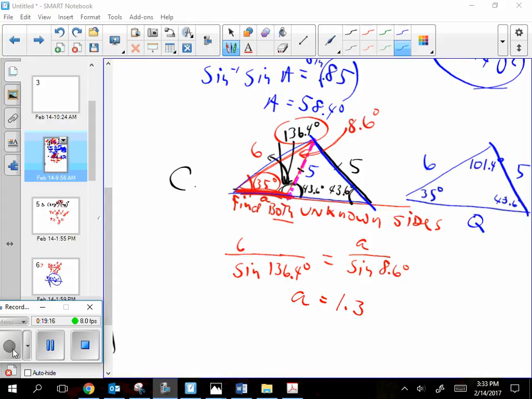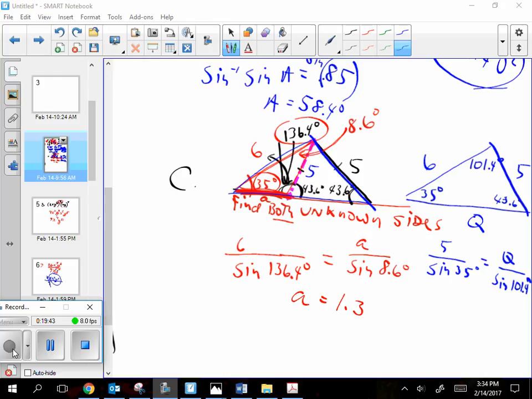All right, so now I'm going to go, again, I got angle and side across from it, so law of sines is always easiest then. So I'm going to do sine, oops, I start with a number on top. So let's go with 5 over sine 35 is equal to Q over sine of 101.4.